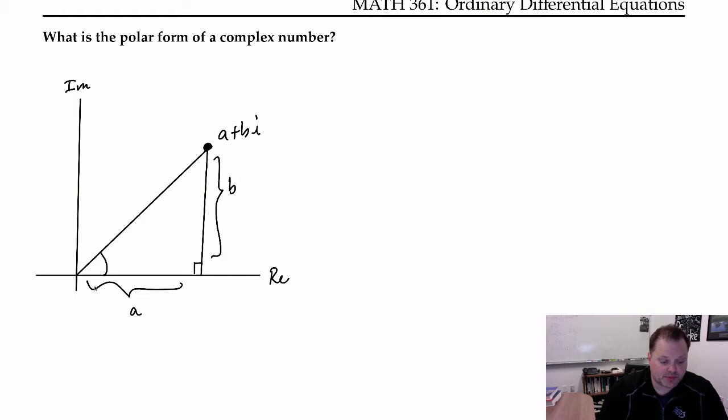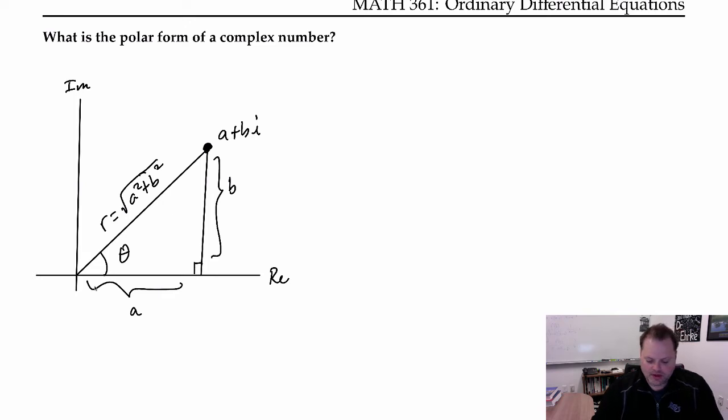So I'm going to introduce a couple of new variables. I'm going to introduce the angle variable theta. And then I'm going to call the length of this, which we know is the square root of a squared plus b squared, the modulus. I'm going to call that the variable r. So when you locate points in this way, like locating them on a radar, for instance, then you're using what are called polar coordinates.